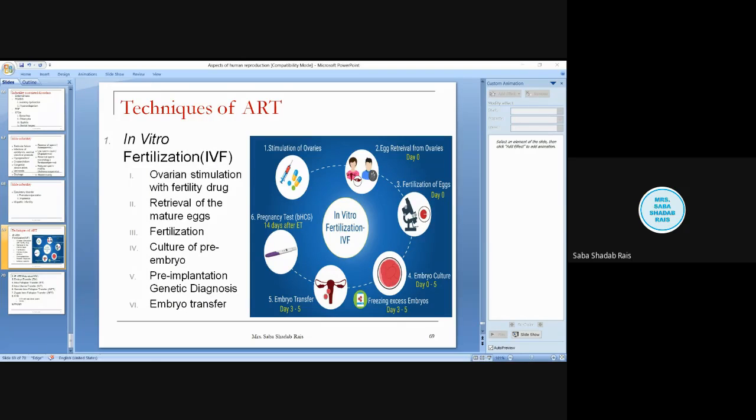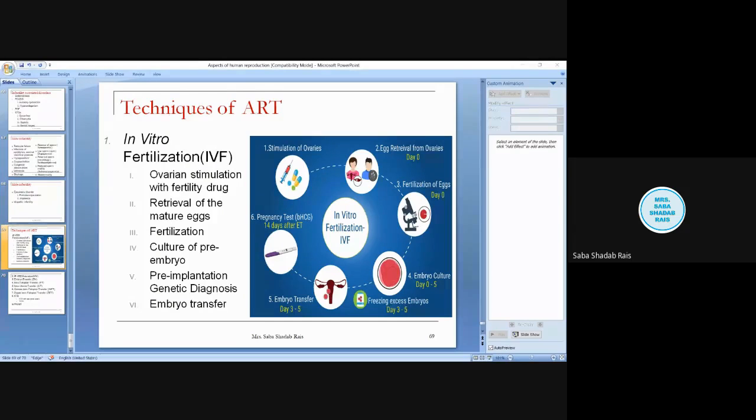But if this ovum is not able to fertilize in this procedure, then IVF fails. So they ensure that more and more healthy eggs are obtained.